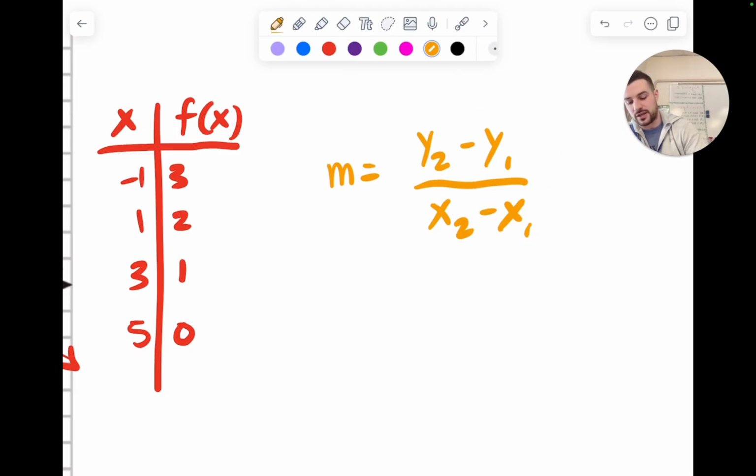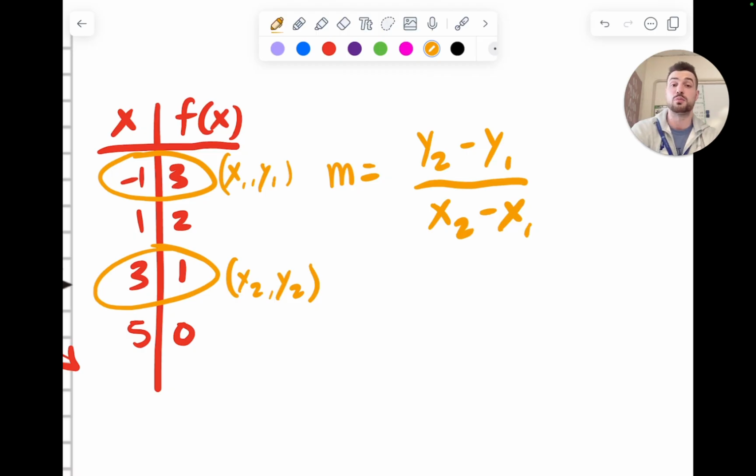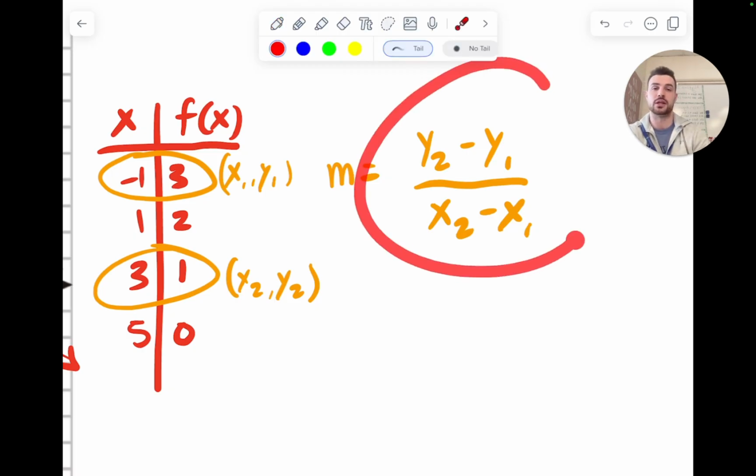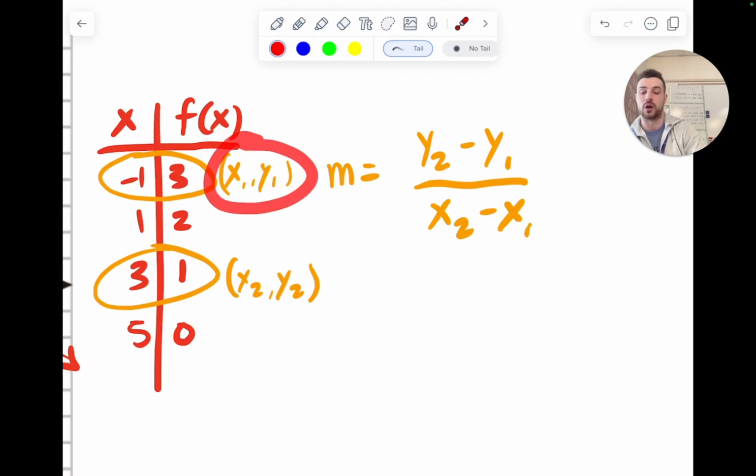So for example, let's say I want to use these 2 points here. One of them is going to represent my x1 value and my y1 value. The other one is going to represent my x2 value and my y2 value. All I have to do is plug into this formula, and I can calculate the slope. It doesn't really matter which one is my x1 and which one is my y1, as long as my x1 and y1 come from the same point.